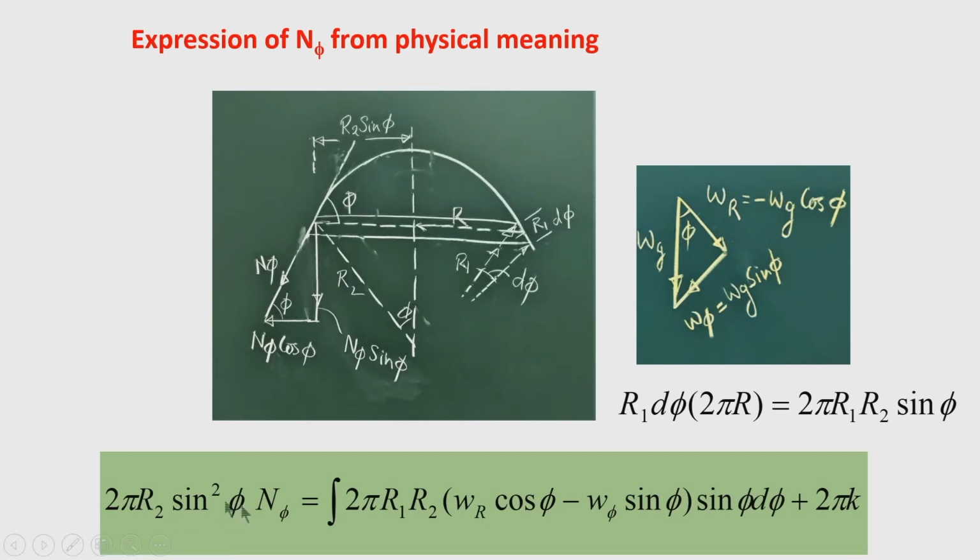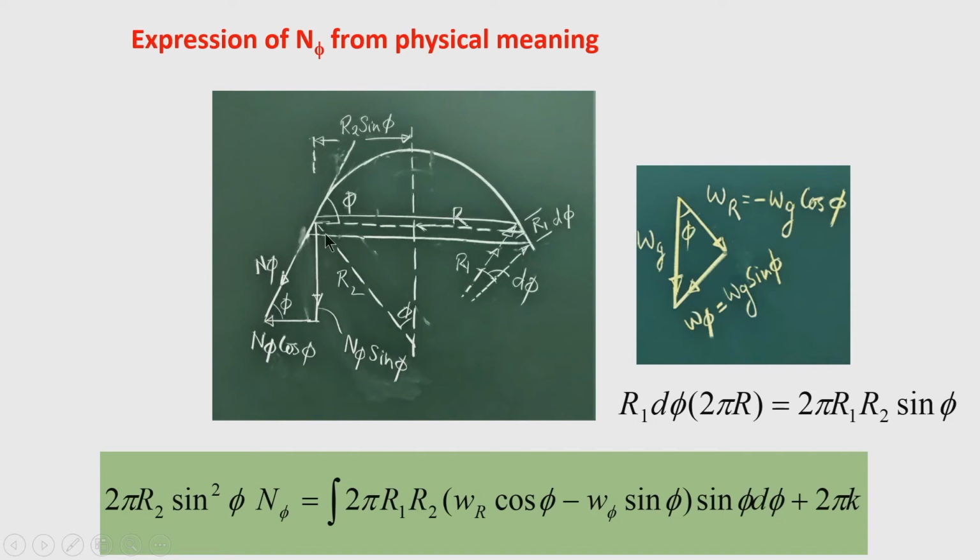So, 2 pi r is the circumference of this parallel circle. So, that means, if I multiply the vertical component of n phi, that is the meridional force, n phi sin phi, with the circumference, that is the total length over which it is acting at this level.